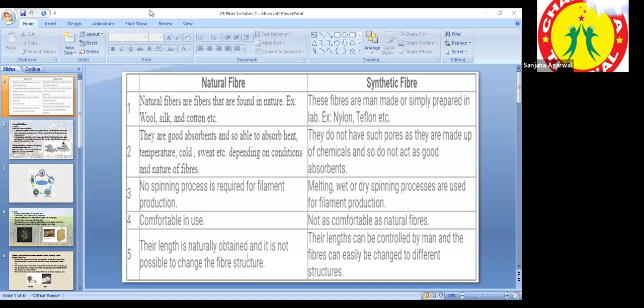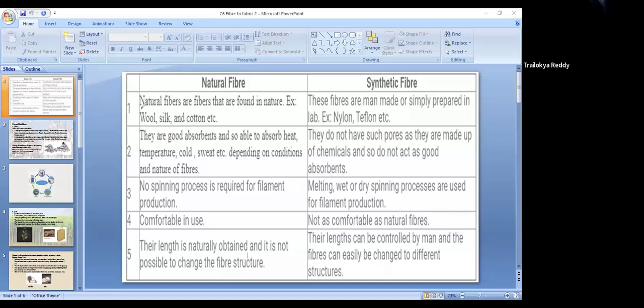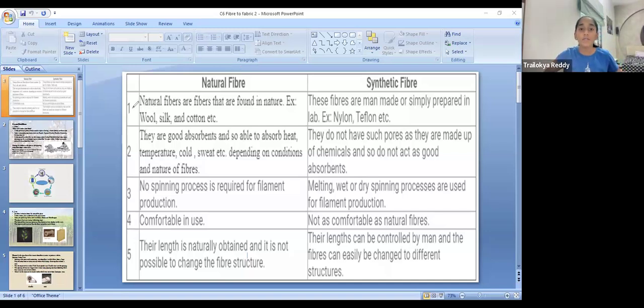So see the difference between natural and synthetic fibers. Who will read this? Trilokya, you read, please. Natural fibers are fibers that are found in nature.